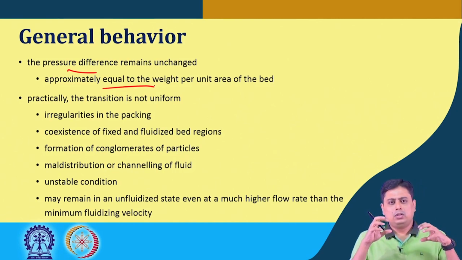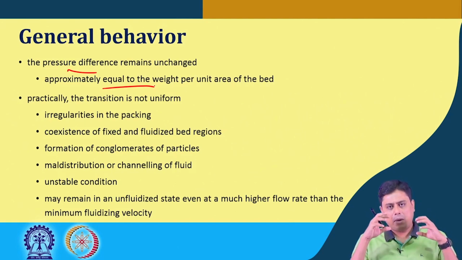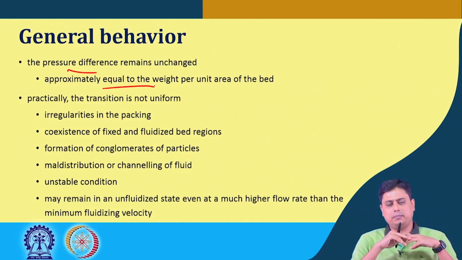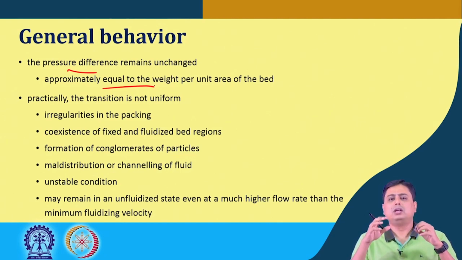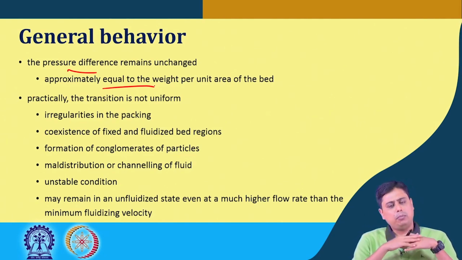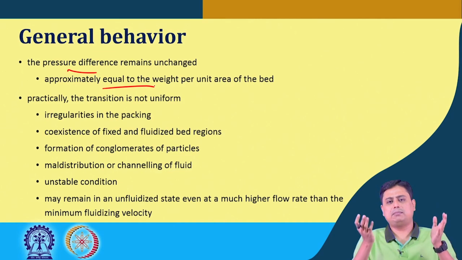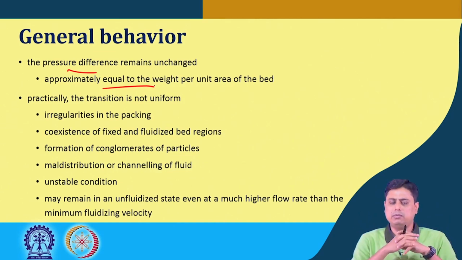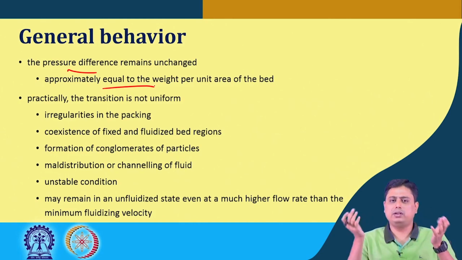Okay, so it may remain in an unfluidized state even at much higher flow rate than the minimum fluidization velocity. So this transition is not what we had expected, that all particles will be fluidized at a single minimum fluidization velocity, and it will be a uniformly or homogeneously distributed media.